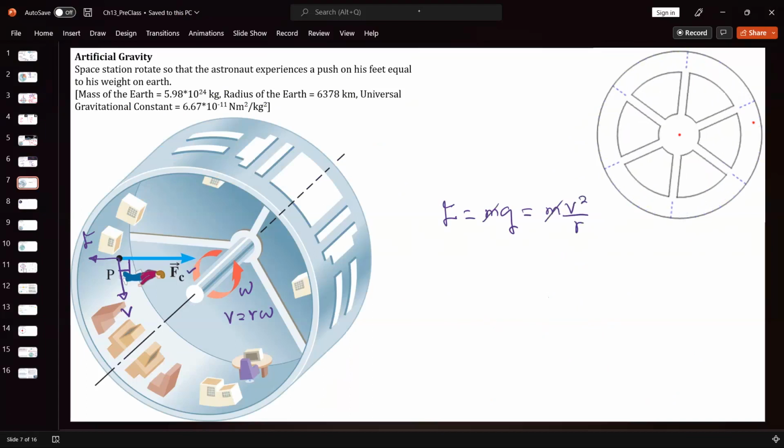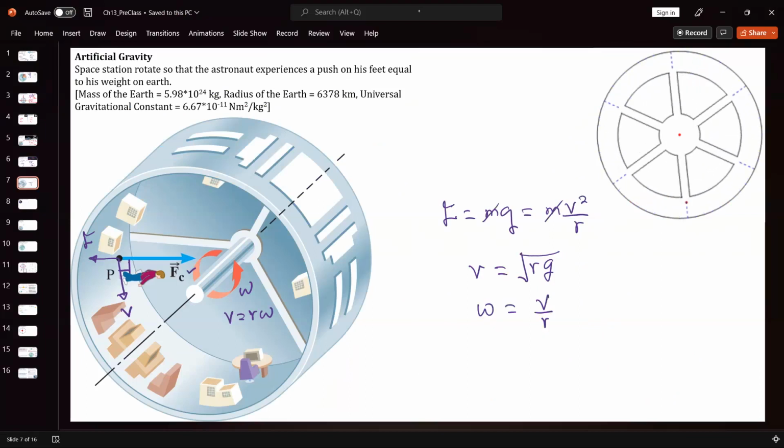Then we can easily calculate the tangent velocity, which is the square root of rg. On the other hand, if I know that tangent velocity, we can calculate how fast we should rotate this, because omega is equal to v over r. We can calculate the rotational speed of this particular space station surface.